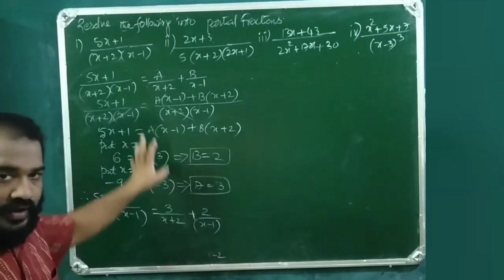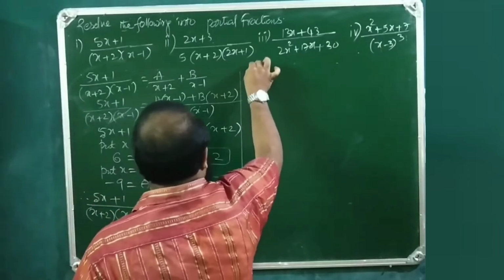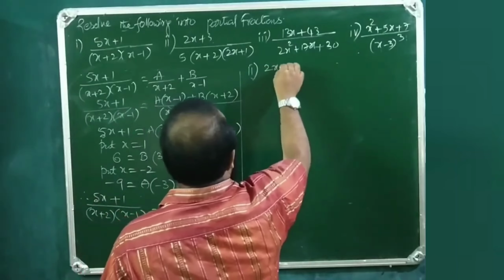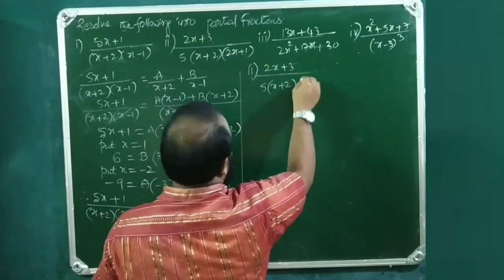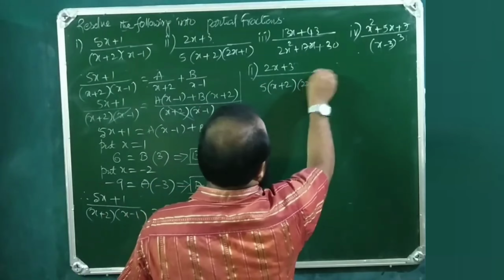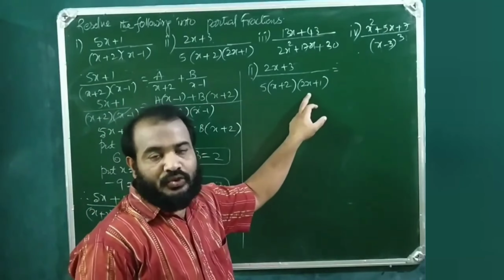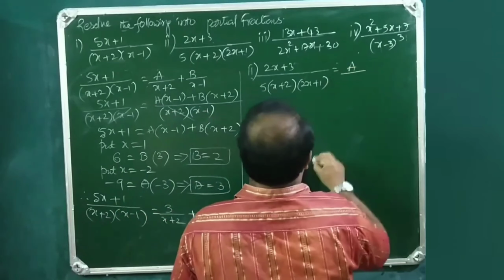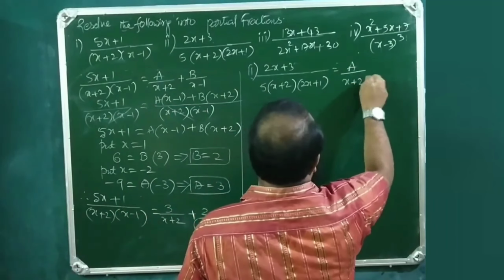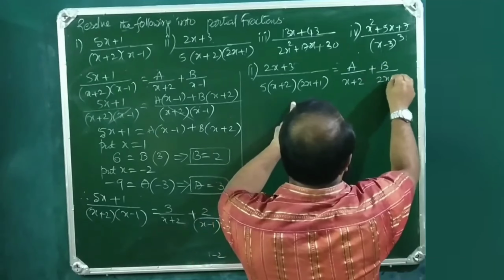So this is how we will solve. And the second one is 2x plus 3 by 5 into x plus 2 into 2x plus 1. Here also the denominator contains two non-repeated linear factors. So a by x plus 2 plus b by 2x plus 1.